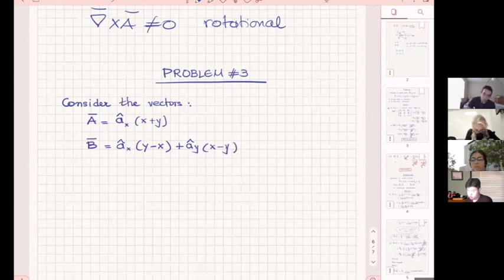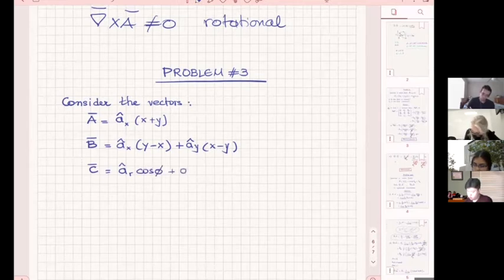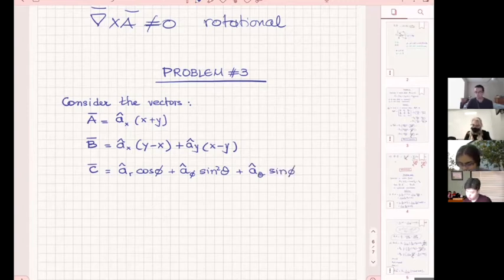And then I'll give you another one, C, which is A sub r cosine phi plus A sub phi sine square theta plus A sub theta sine phi. They're vectors.